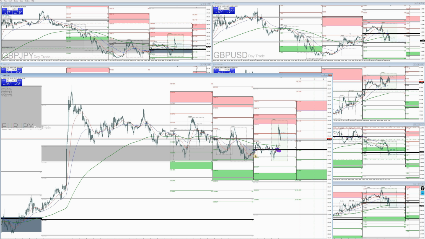And this is my central pivot. And we did hit the target here. Close to M2 as possible.